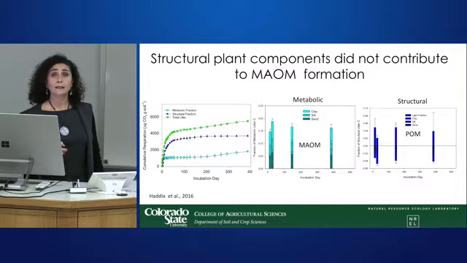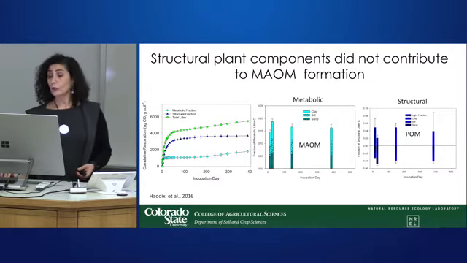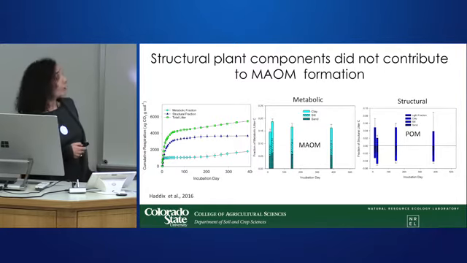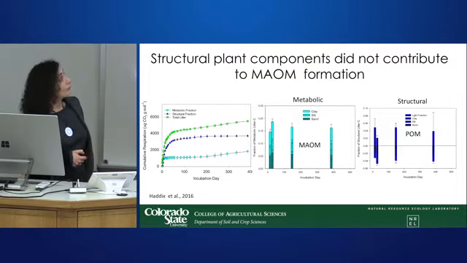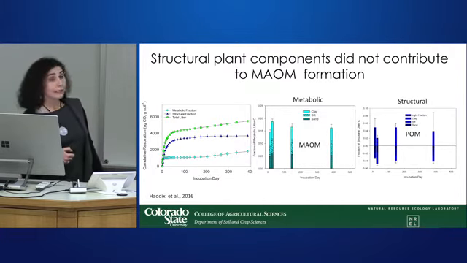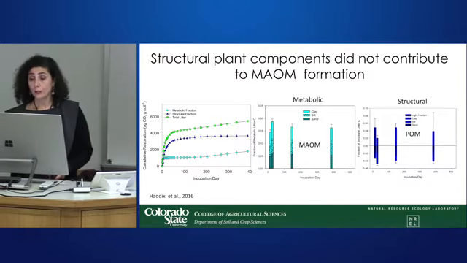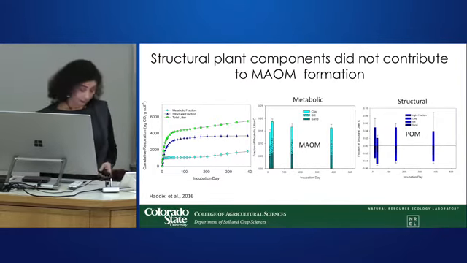We didn't see any trace of the structural signal in those pools, whereas when we looked at the light fraction, we found a proportion of it coming from the structural. The triple mixing model is kind of tricky, and some values came out negative. But the most important thing was that there was no structural contribution to the MEOM, and the only contribution to the POM, the light fraction, came from the structural. So that was really interesting.